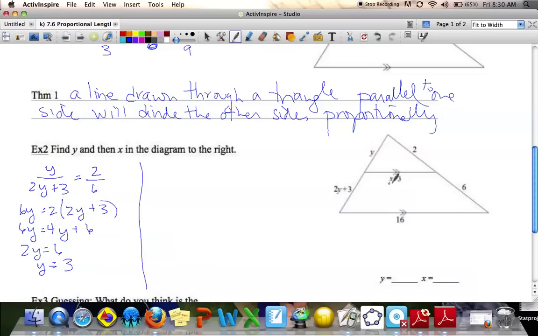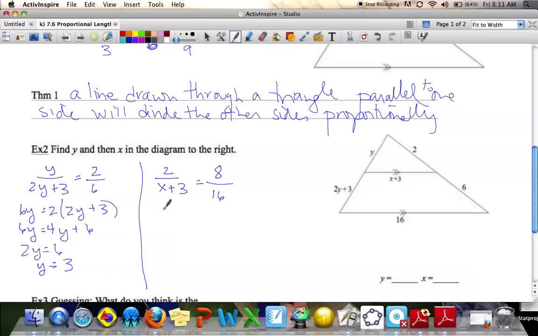So now to do x plus 3, now this is the bottom of the little triangle, the bottom of the big triangle. Now for this one, we have to use the side. In other words, we'd have to say 2 is to x plus 3 as 8, which is the entire side, is to 16.